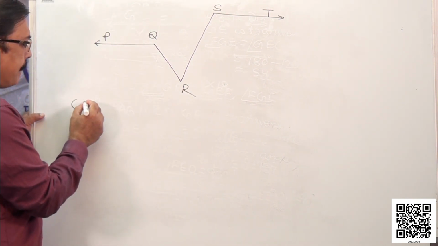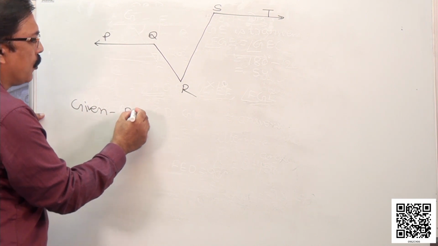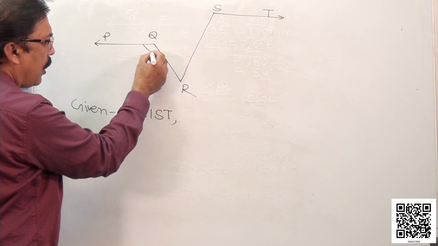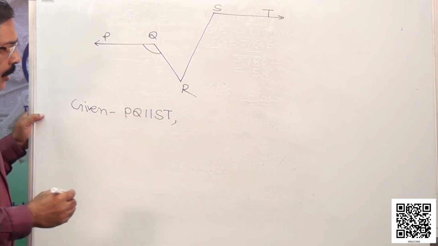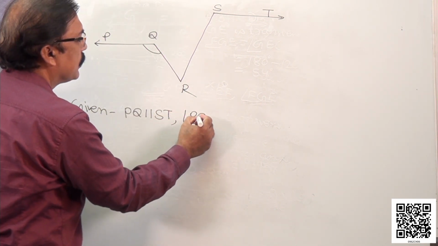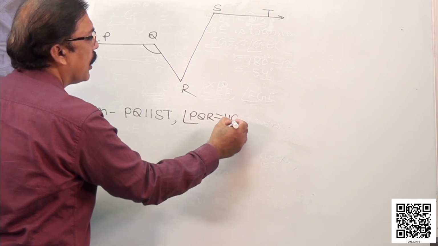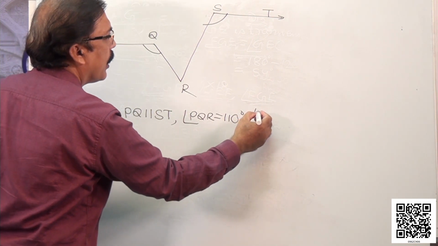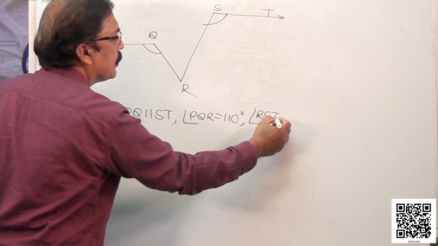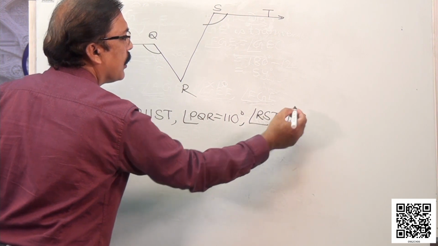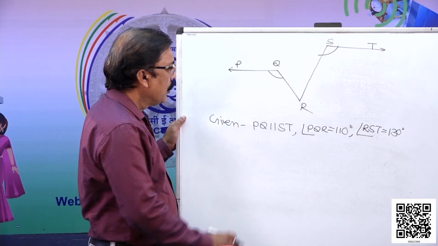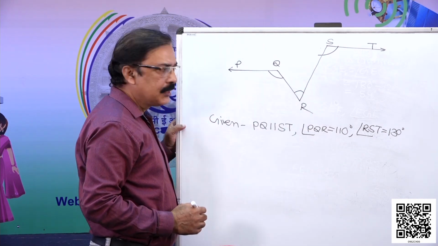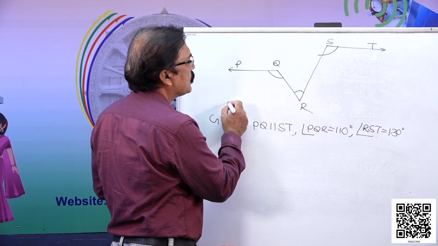Given PQ is parallel to ST, angle PQR is 110 degree and angle RST is equal to 130 degree. To find the value of this QRS, let's have a construction.